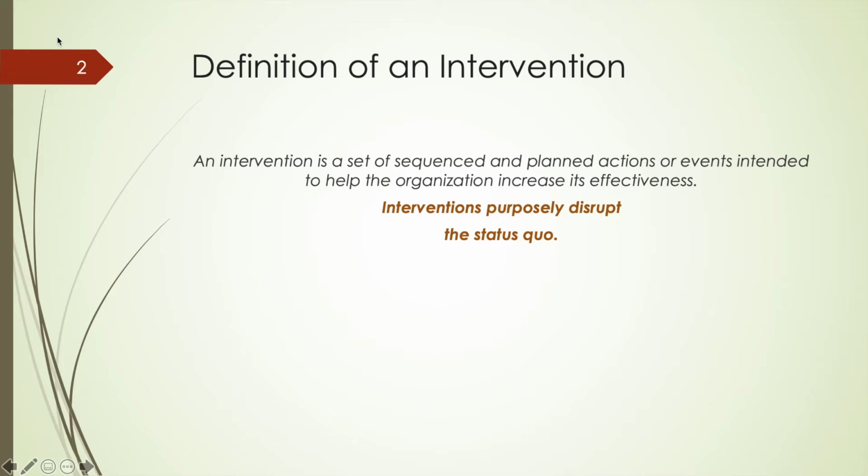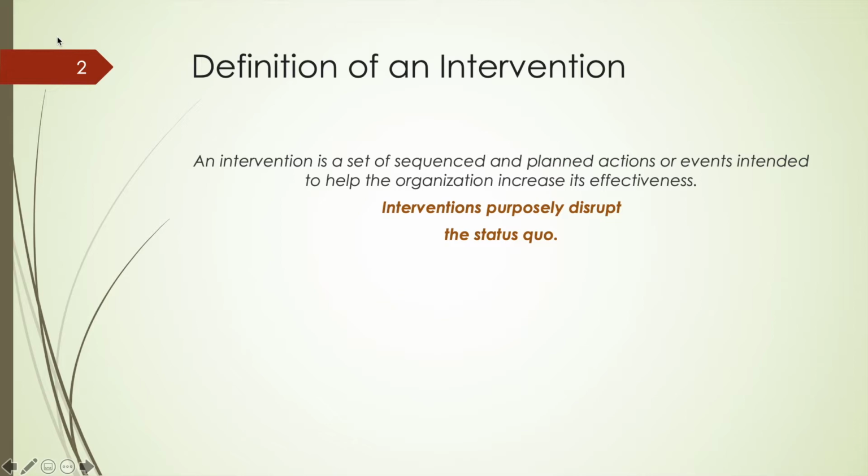When people call for an intervention, they're looking to change their way of thinking, their way of doing, whether it's processes, structure, design, product, service, whatever. This is a set of sequenced, which means it goes in order, and planned, which means it's intentional and thought out, actions to help the organization increase its effectiveness.